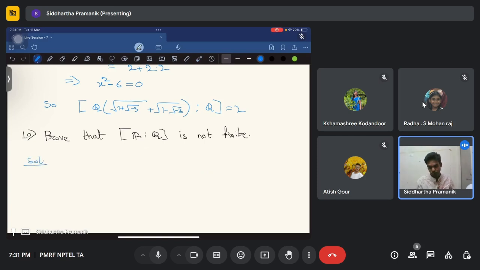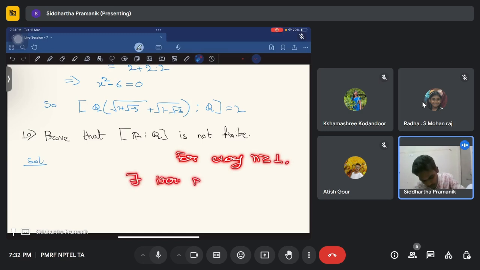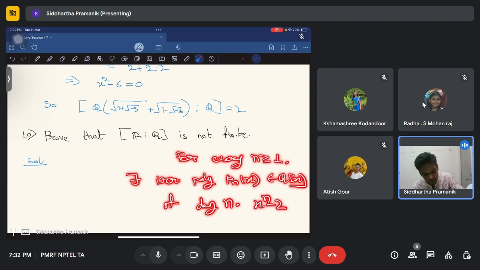So how to do this? So recall that we have earlier proved that for every positive integer n greater than or equal to 1, there exists an irreducible polynomial, let's say p_n(x) in Q[x] of degree n, right? And what was that polynomial? It was x to the power n minus 2.